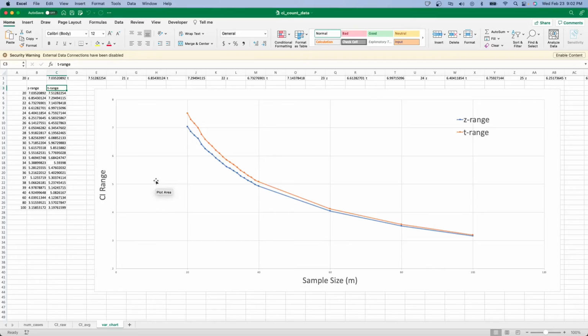What you can see is we start out with very wide confidence intervals at low sample size, and as sample size increases, the range of the confidence intervals for both the Z and the T decreases, and they also get closer together. As the sample increases, the difference between the Z and the T distribution becomes negligible.